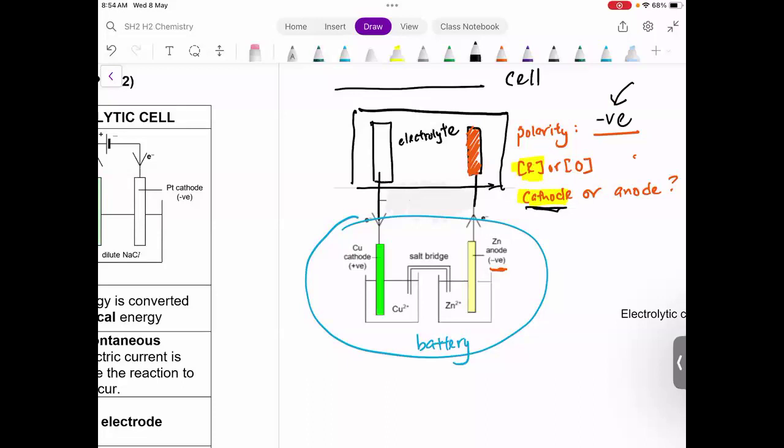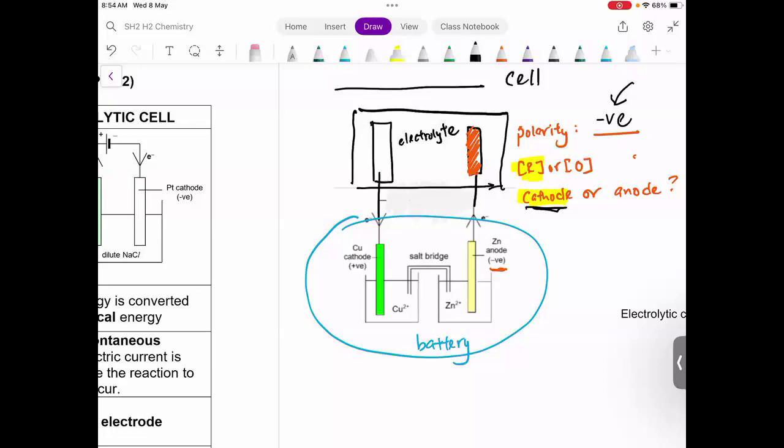It's opposite, because in the electrochemical cell, the cathode is the one with positive polarity. But now with electrolysis, it's receiving electrons from the anode, right? Hence, it undergoes reduction. Now it is the cathode. Cathode connected to the negative anode of the electrochemical cell, right?